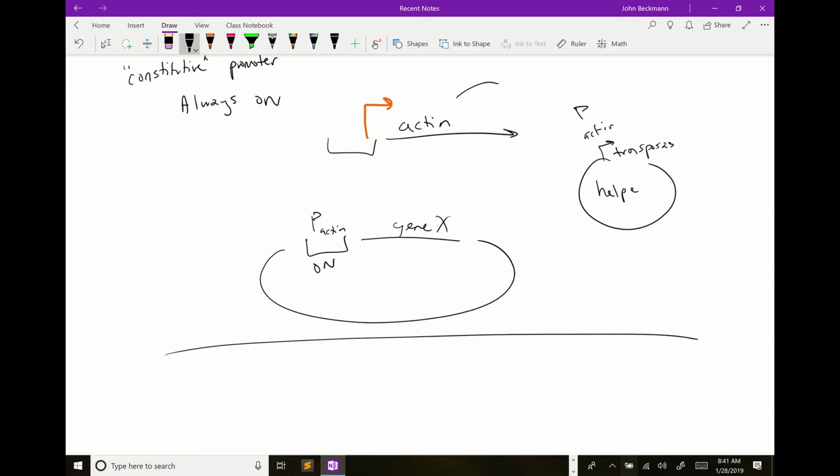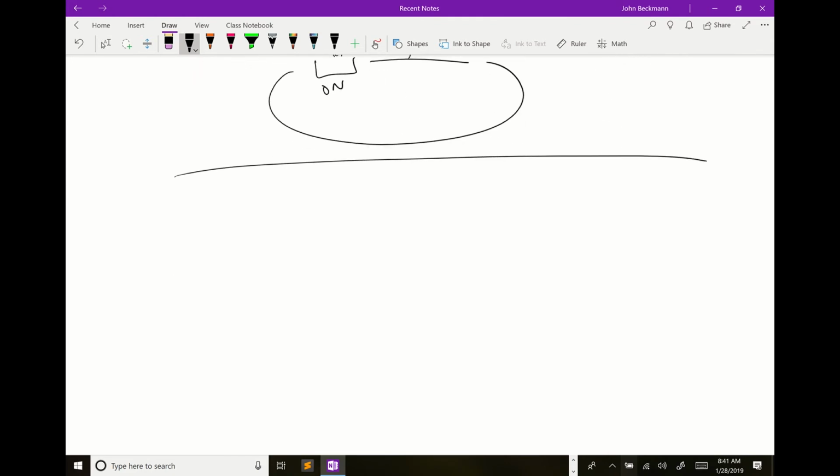Let's see. Okay, let's talk about tags. What is an affinity tag, and why would you want to put one in a construct? What's affinity mean? It likes something. Likes something, yes.